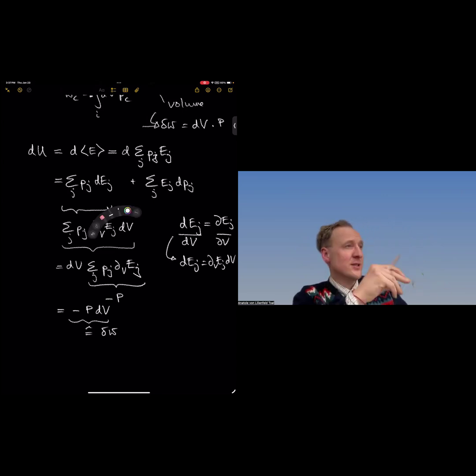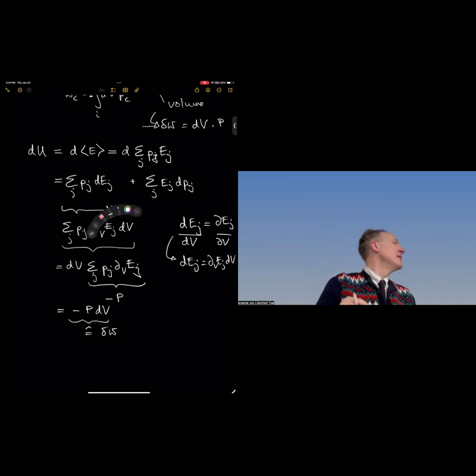It's pressure times a small change in volume, right? So small change in work is always a small change in volume scaled by the pressure at which you're doing this. Right? Does that make sense? I hope it does.